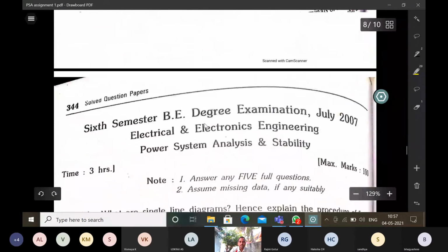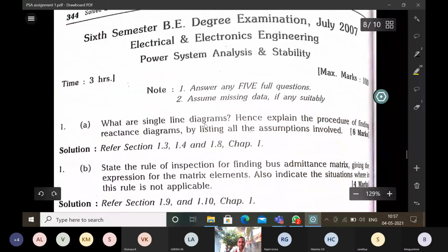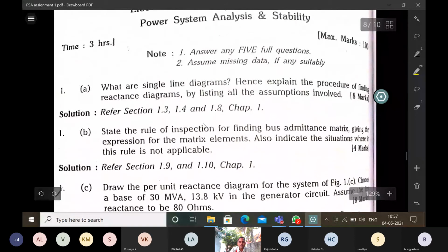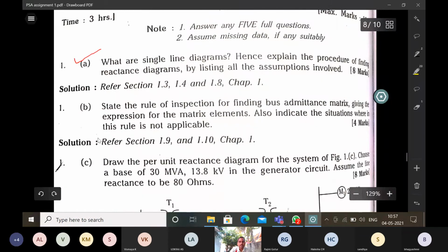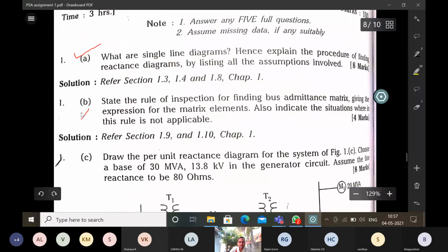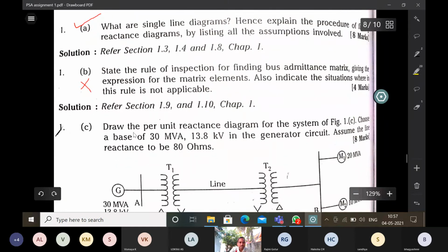Next question paper. What is a single line diagram? Explain the procedure for finding the reactance diagram by listing all the assumptions involved. So this is the question asked. And this question is not for your syllabus. The second one, don't write: inspection method of finding the admittance matrix. This is not for your syllabus, leave this one.